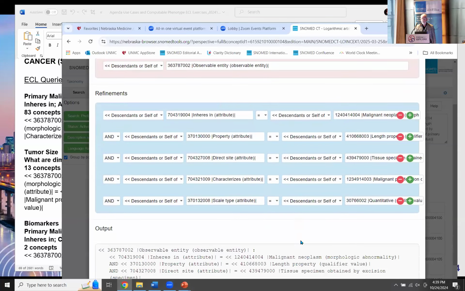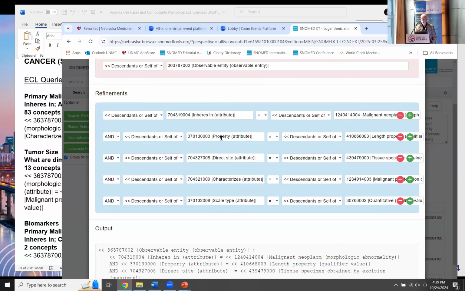And in this particular case, you see the other attributes that I talked about before. We're looking at a malignant neoplasm that was basically surgically excised, and it's a primary neoplasm.